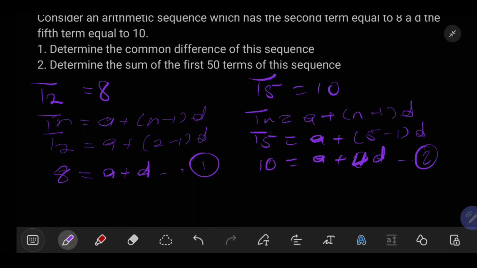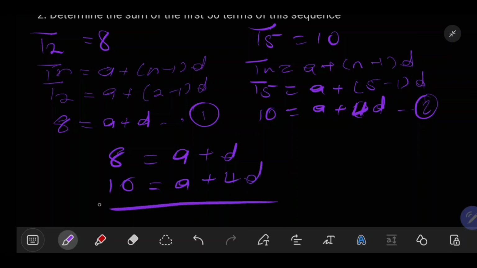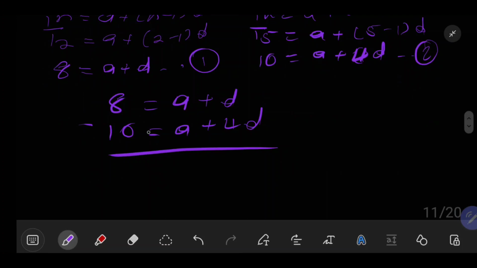You can make any variable the subject of the formula and deal with this, or we can eliminate. We can use the elimination method, whereby we have 8 equals a plus d, and 10 equals a plus 4d. Then we subtract.